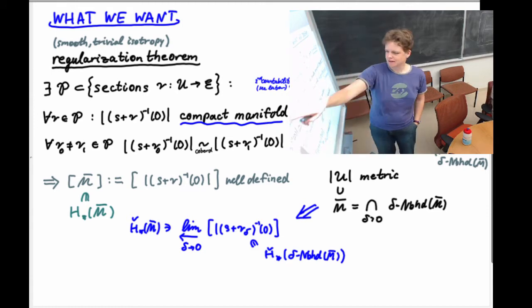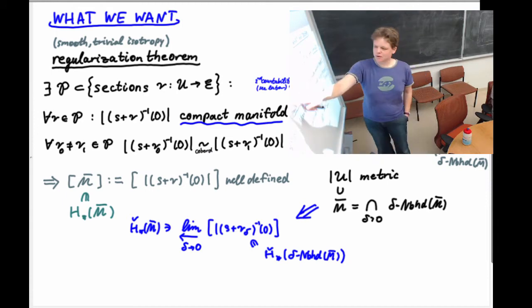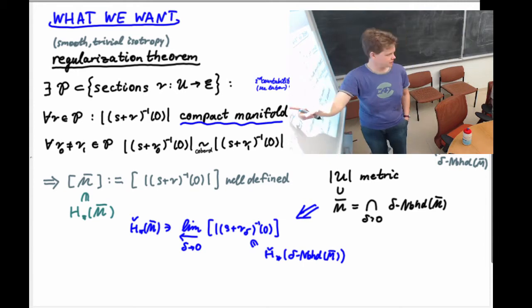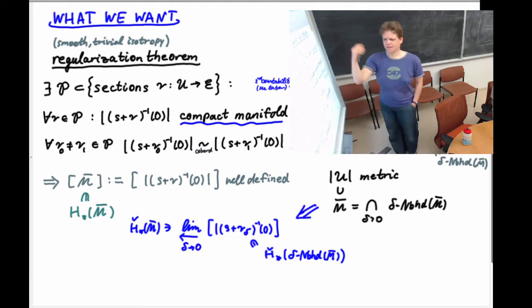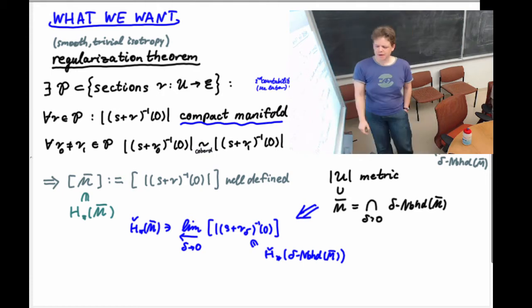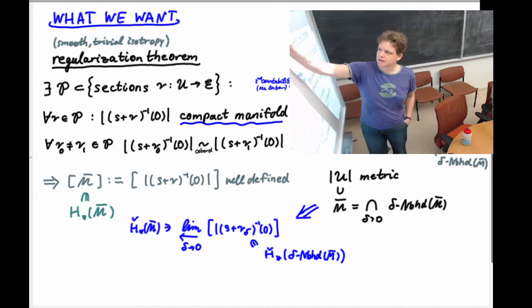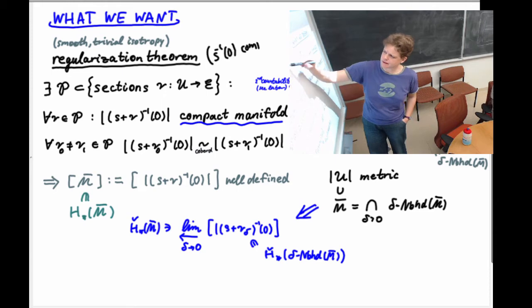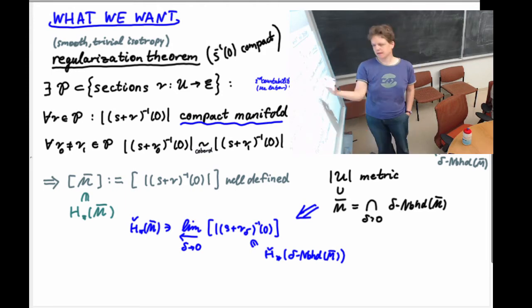This is true if E is a finite rank vector bundle over a smooth finite dimensional manifold, and the section just needs to be C1, I think. And its unperturbed zero set should be compact, which is true in our case. That's what our geometric things do.